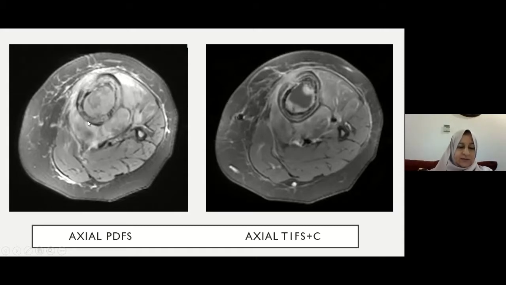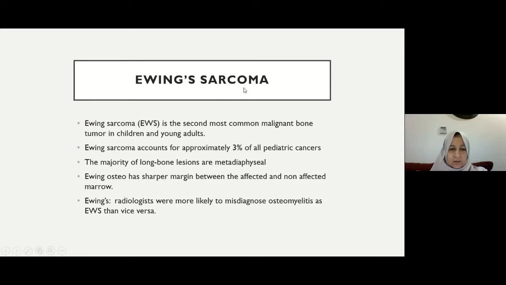This cortex is permeated or moth-eaten. This is not the usual case with osteomyelitis. In osteomyelitis, I would get an intact cortex through which only a necrotic, defective area passes, but the rest of the cortex is intact. So for this case, we took a biopsy and it revealed Ewing's sarcoma.